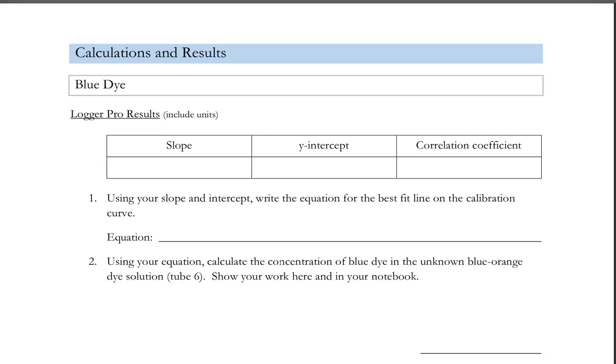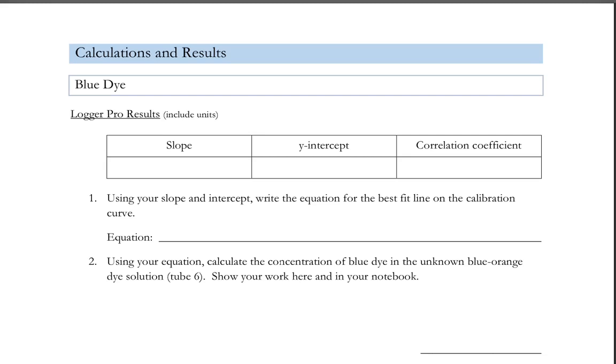And then using our slope and our y-intercept, we write the equation for the best fit line from the calibration curve. So the equation should be A, absorbance, equals slope, this slope here, the number, times C for concentration plus the y-intercept that is here.